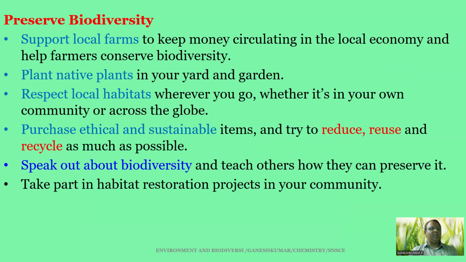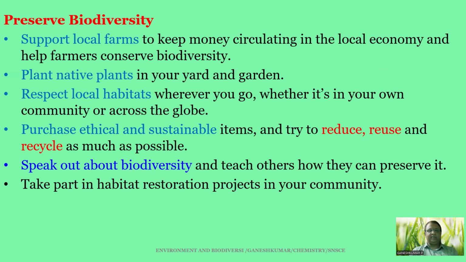To preserve biodiversity, supporting local farmers is important to keep money circulating in the local economy and help farmers conserve biodiversity. Another important aspect is to plant native plants in the garden or in our farmyard. Respect local habitats wherever you go, whether it is your own community or across the globe.